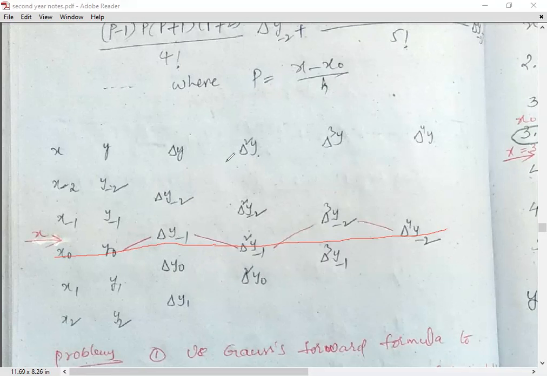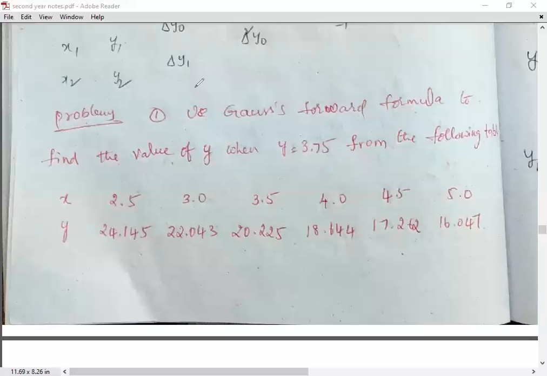Let us see some problems here. Our problem is use Gauss forward formula to find the value of y when x equal to 3.75 from the following table. x and y values are given as follows.